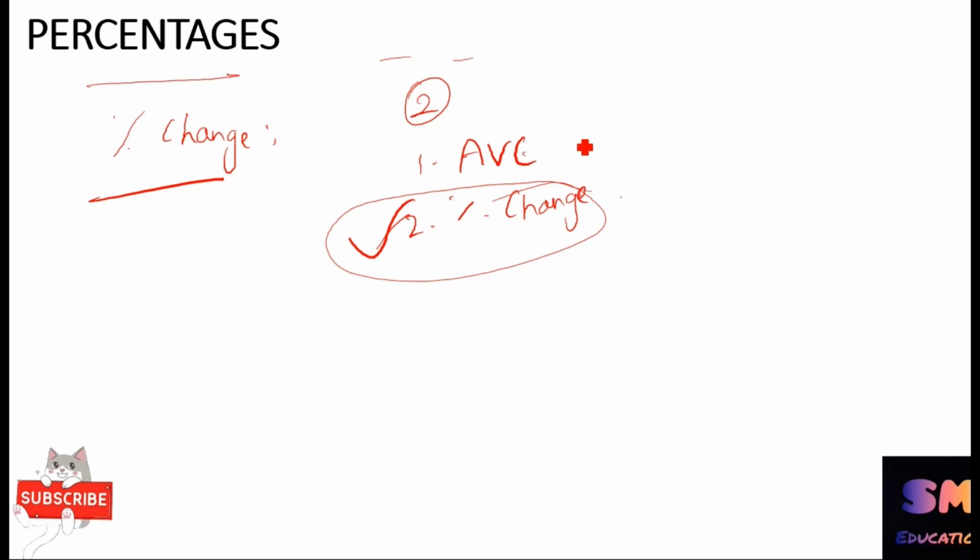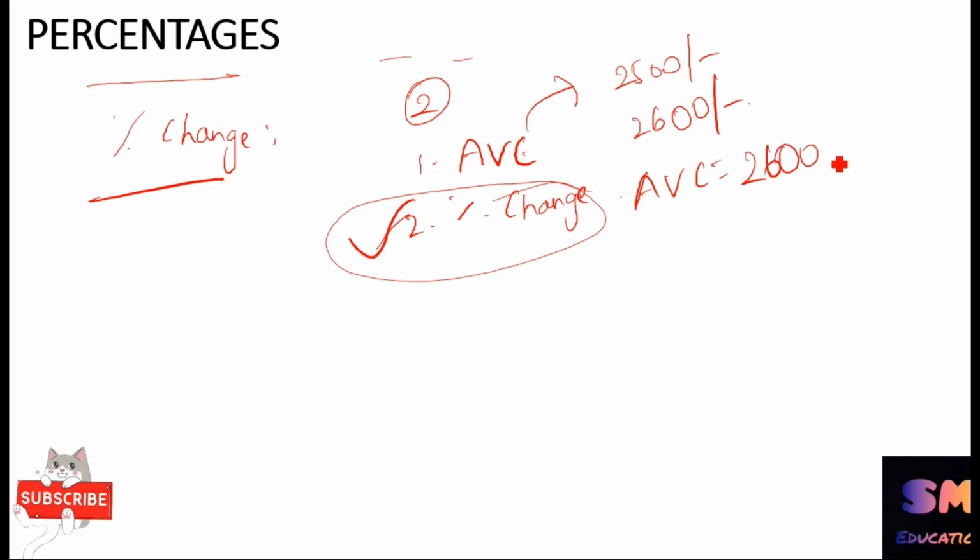Coming to absolute value change, take an example. In a year, the sales are 2500 rupees and after 2 years, the sales are 2600 rupees. To find the absolute value change, we subtract the initial value from the final value.